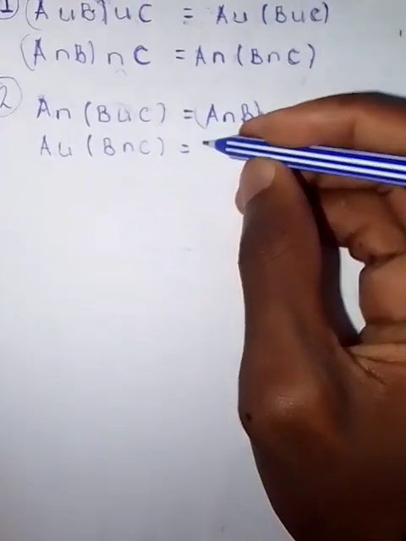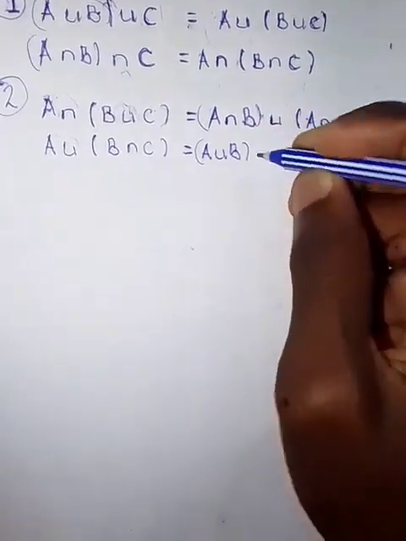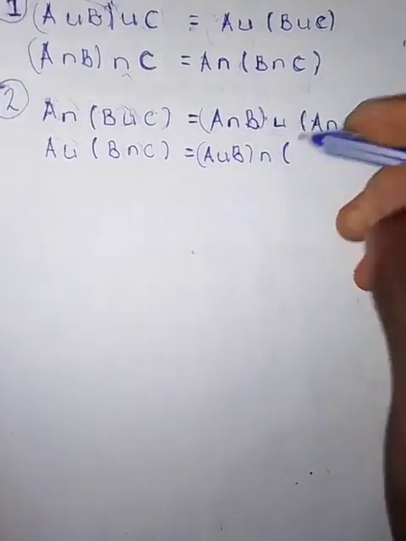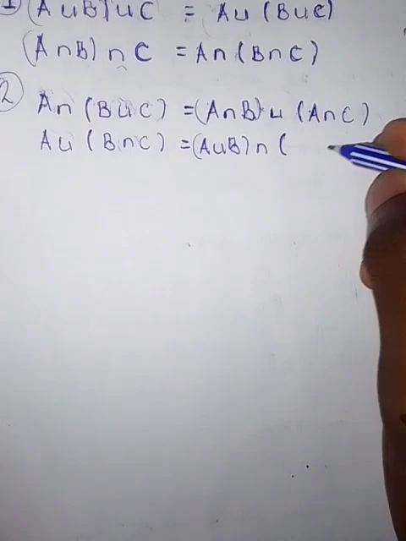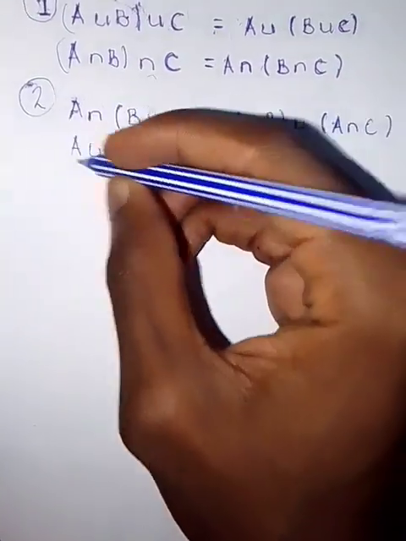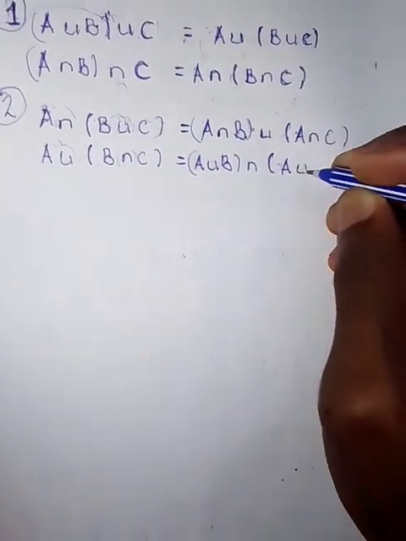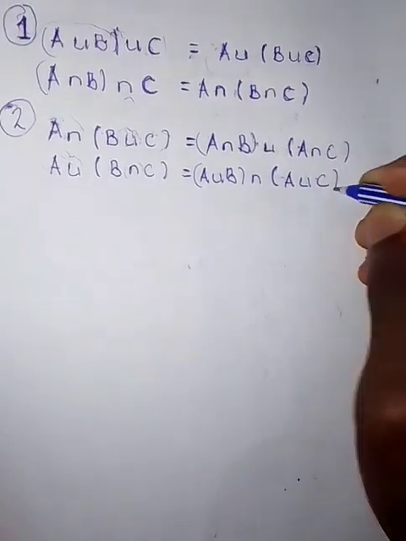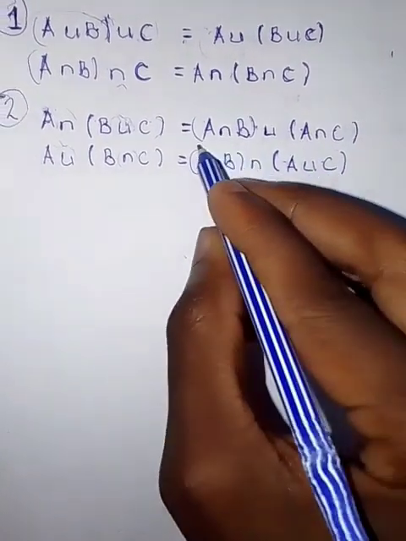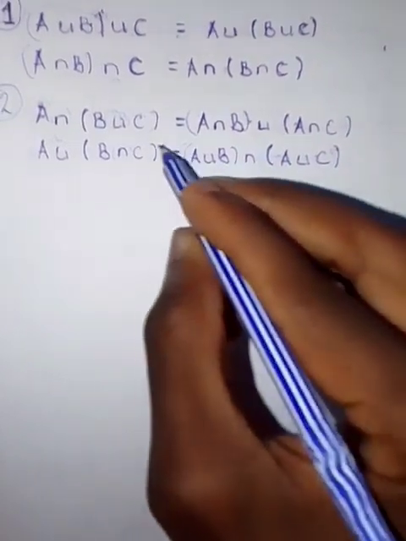So you're going to have A union B separated by an intersection, so you don't need to master them, just understand how they work, the logic behind them. And you multiply this with C, you're going to have A union C. So while you'll be simplifying, if you find that it leaves you in this format and you are stuck, you should reverse it into this form.